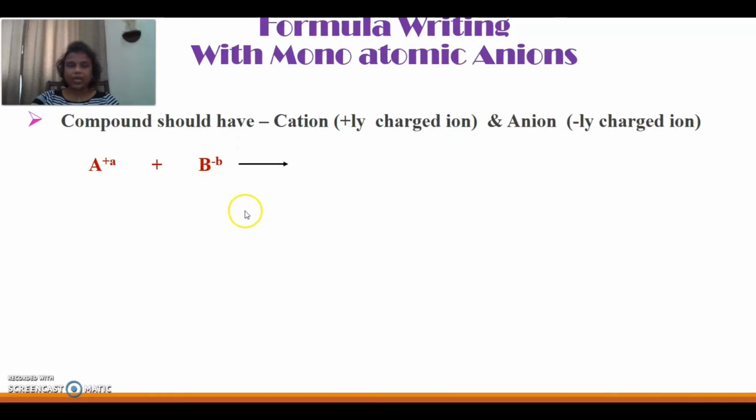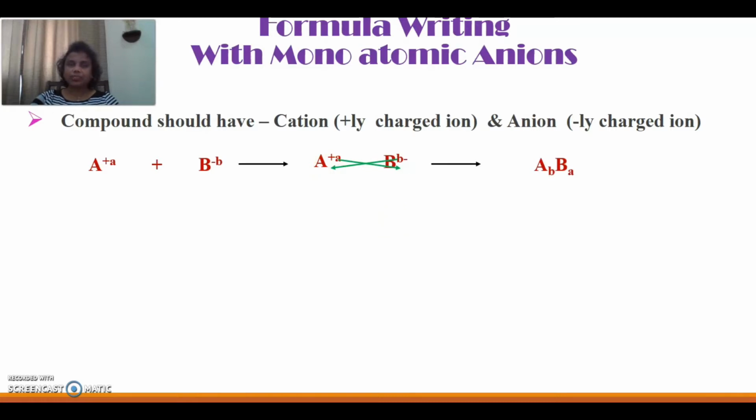If I want to make the compound between these two, what we have to do is just take this number, not the charge, just the number here, and crisscross. This a goes here as the subscript for B, and b goes here as a subscript for A, and then we can write this as A b B a.